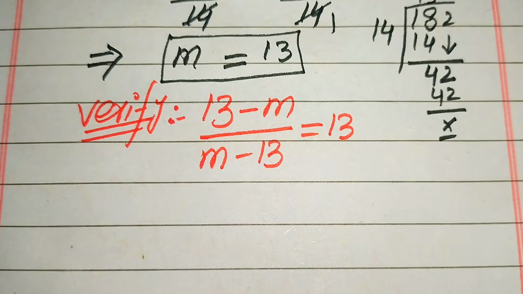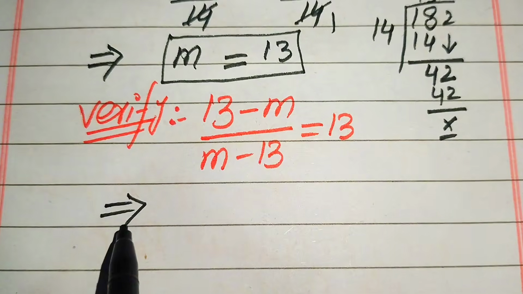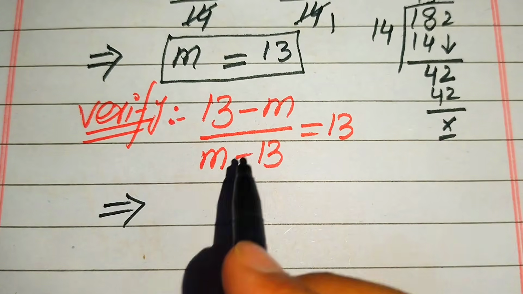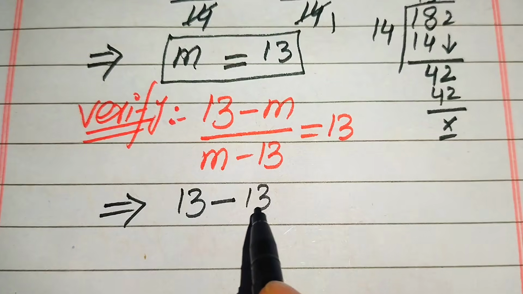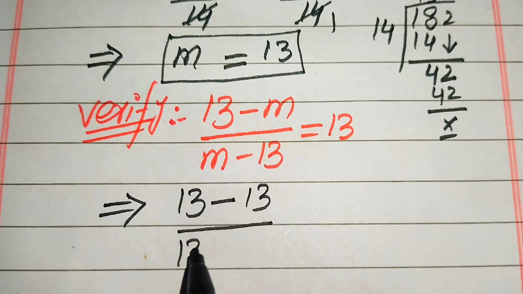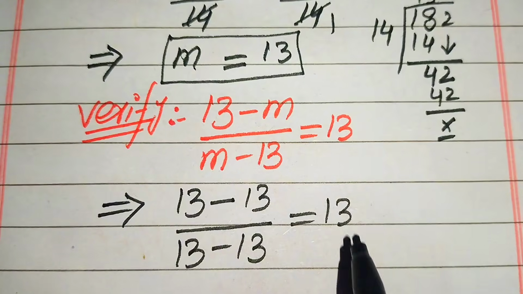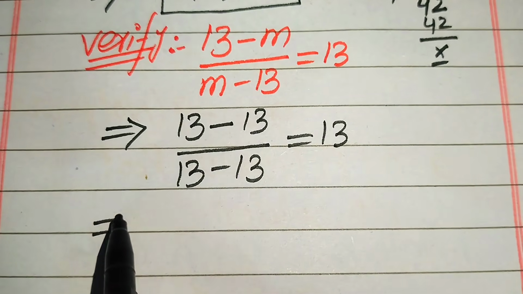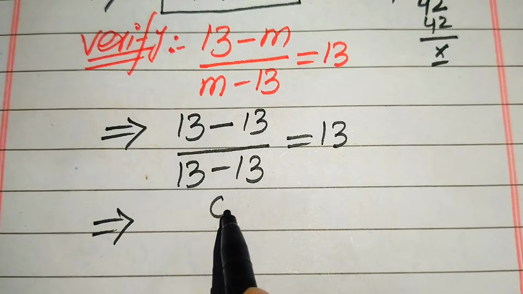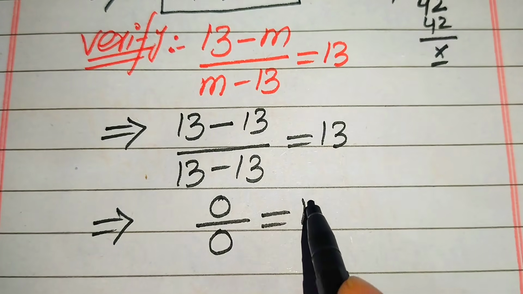Further we substitute the value m equals 13 into the left hand side, and this will be written as (13 minus 13) divided by (13 minus 13) equals 13. In the next step you see 13 minus 13 becomes 0 over 0 form, equals 13.